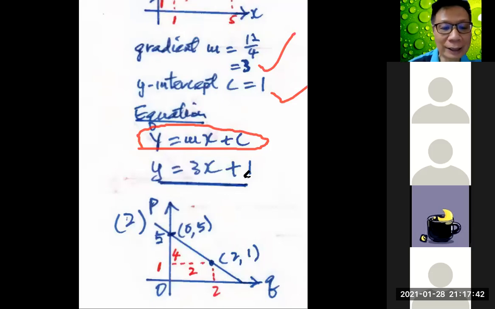Okay, anyone got the answer? Maybe you can share your answer. Okay, you can type. Anyone got the answer? Got or not? Anyone got the answer already?